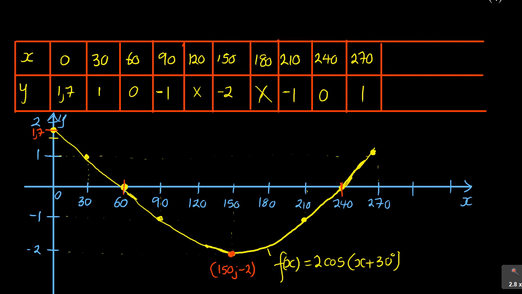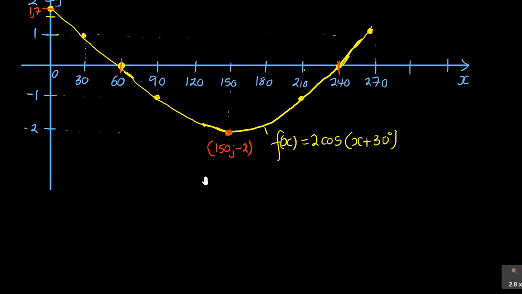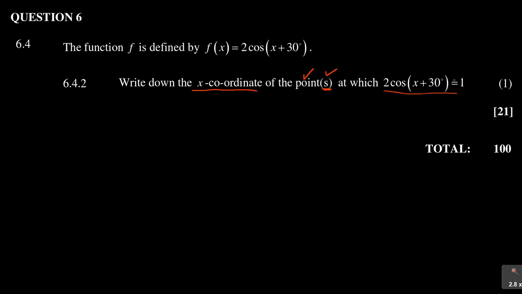I'll use a different line. For example, I'll use my red line. So they are telling us, if I can just write it down again for you, they are saying here 2 cos x plus 30 degrees is now equal to 1. That's what they're telling us.